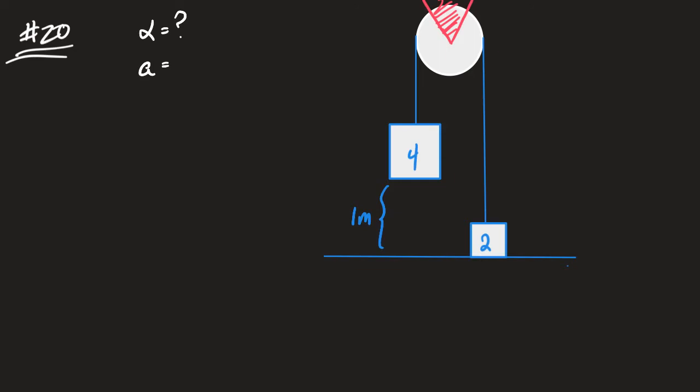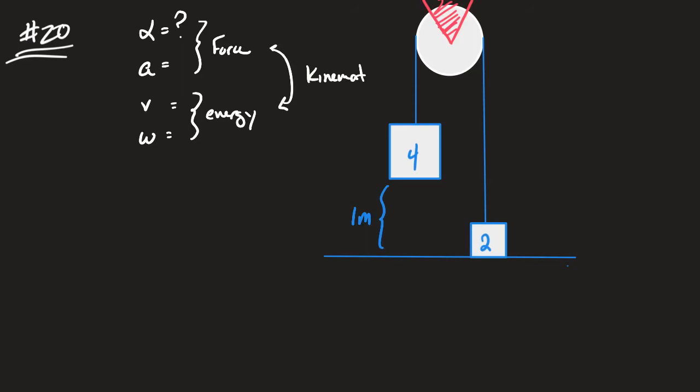The reason that's important is although acceleration comes from force, and velocity or omega could come from energy, they are related by kinematics. So you could pick the thing that you like the best to solve this problem with. And no matter what they ask, you could probably get to the answer.